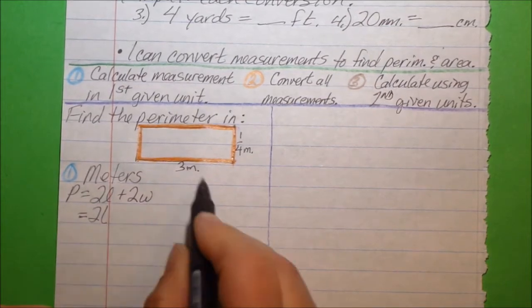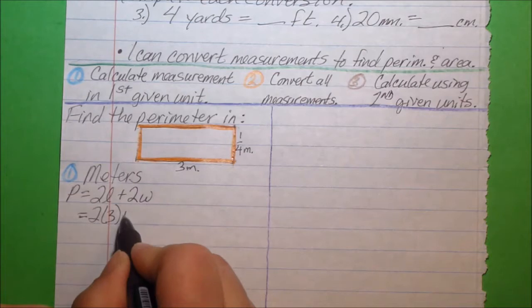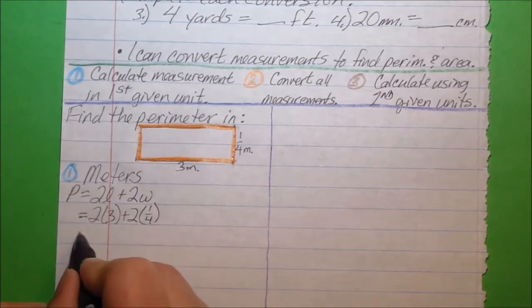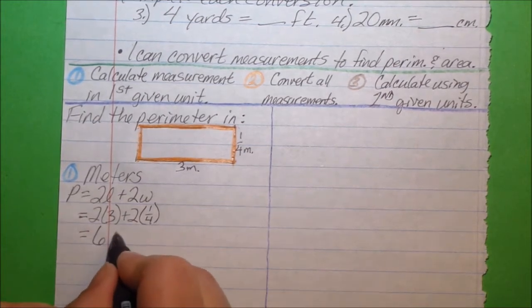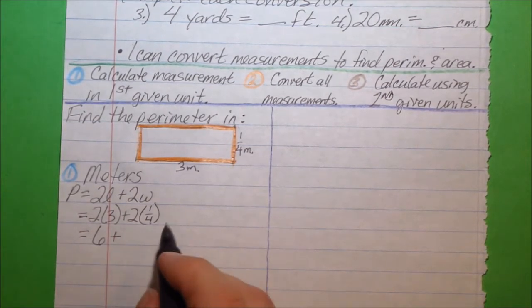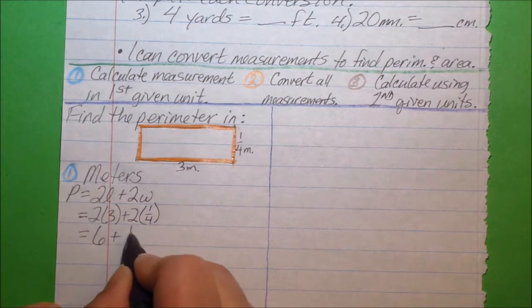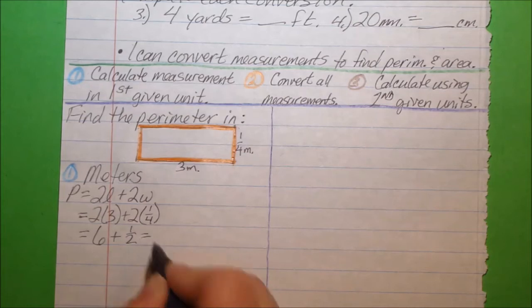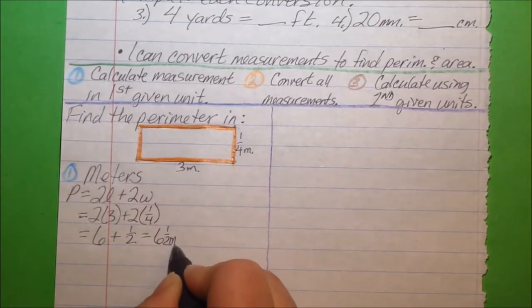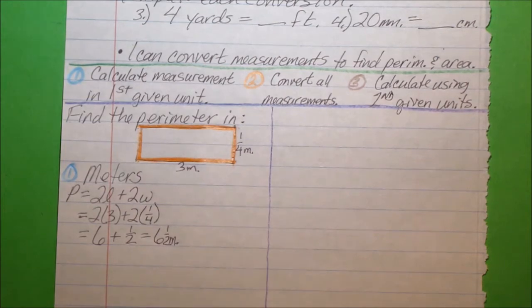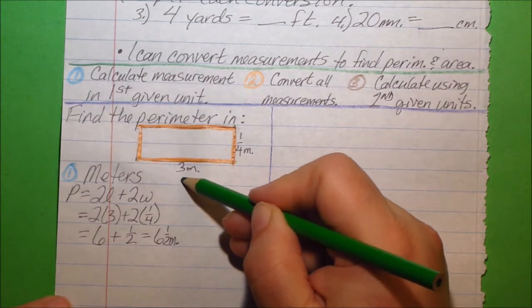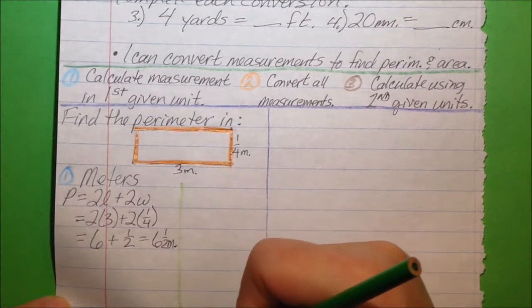So 2 times length is 3, plus 2 times width is 1/4. Then we do the math. 2 times 3 is 6, plus 2 times 1/4 is 1/2. 2/4 is a half. And so then we can add those two together, and we've got 6 and 1/2 meters. All right. I'm kind of squishing this up a little bit because I just want to keep it together on one page if I can. I've just got my light green pencil here.